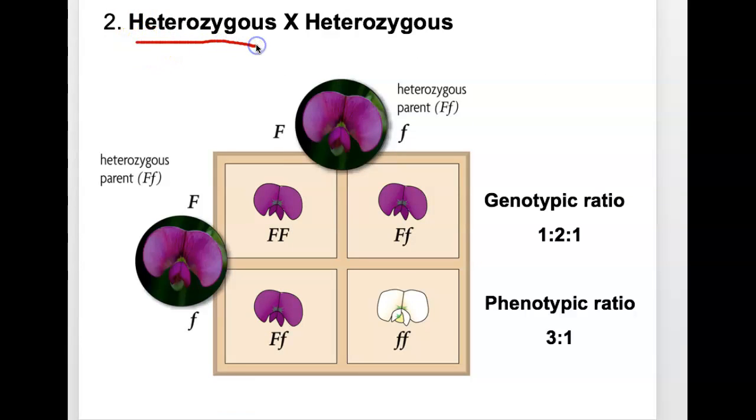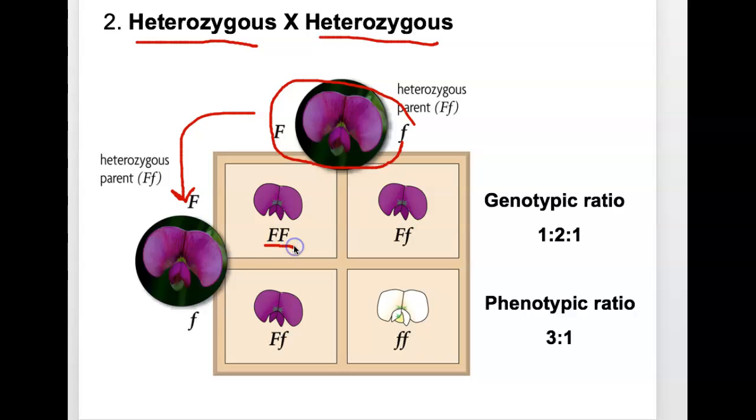This one is a heterozygous and we're going to cross it with another heterozygous. So what we did was we took one of the offspring from the first one and now we're going to allow it to self-pollinate. This is exactly what Gregor Mendel did.